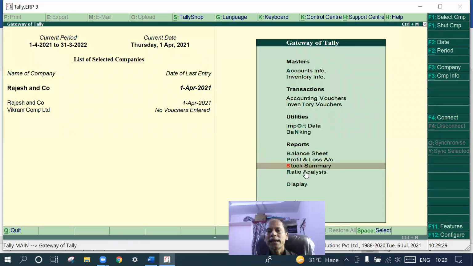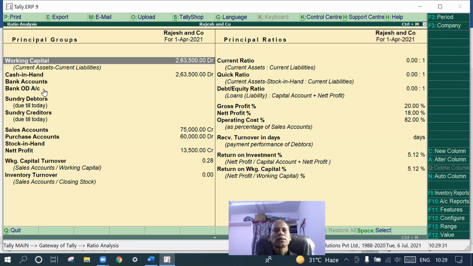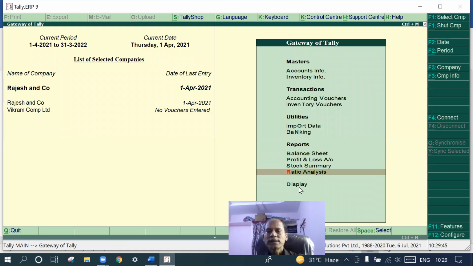Escape. Ratio analysis. This is the ratio analysis. Current ratio, quick ratio, debt equity ratio, all those things. Like this, we can see the reports.